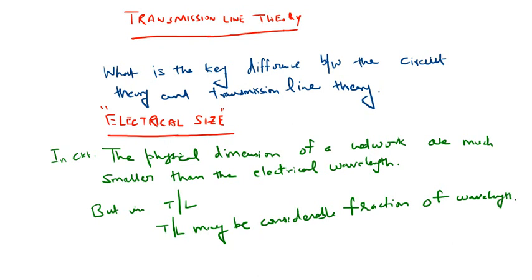So thus the transmission line is basically a distributed parameter network.